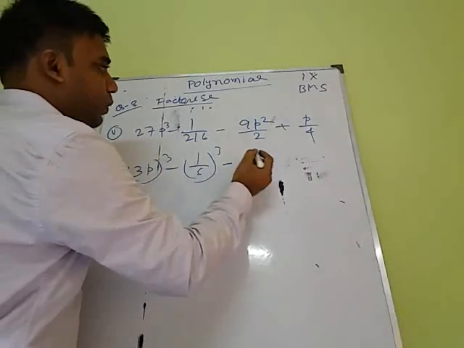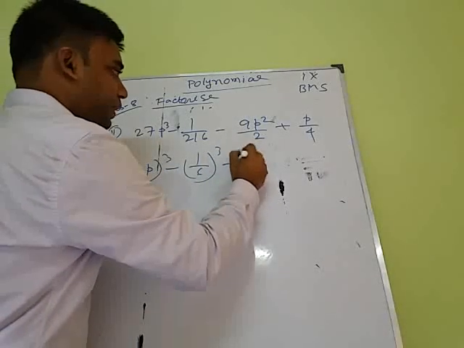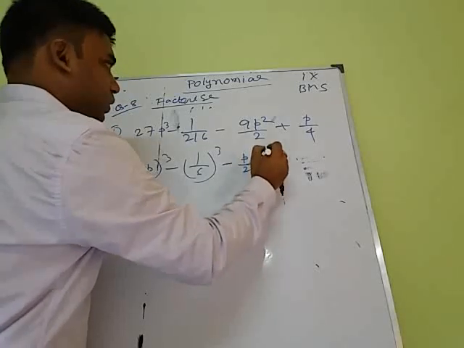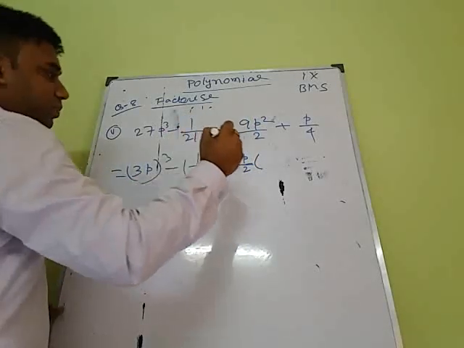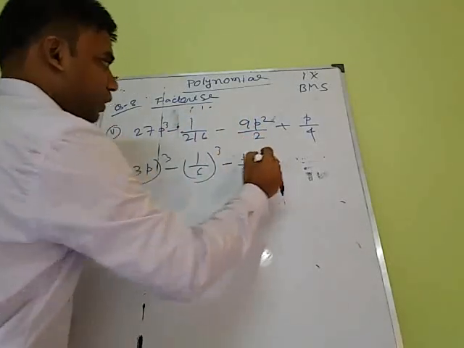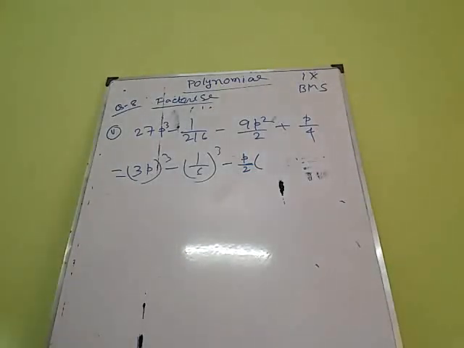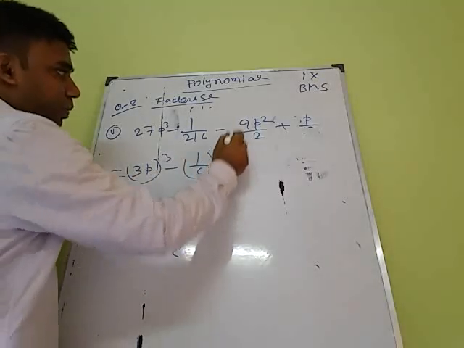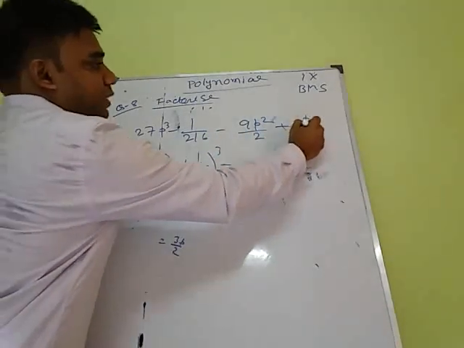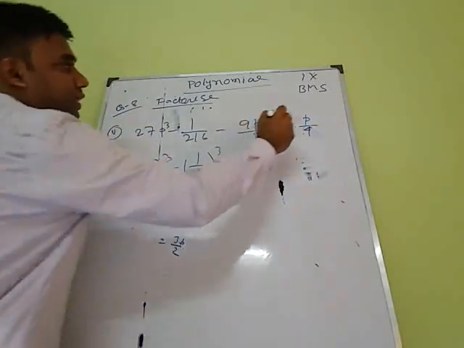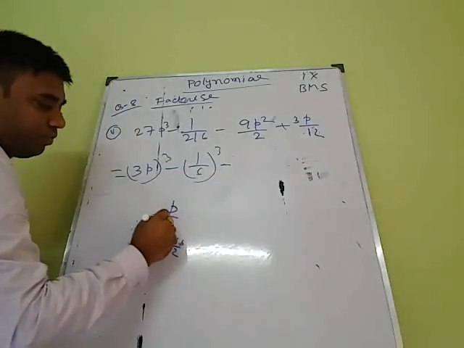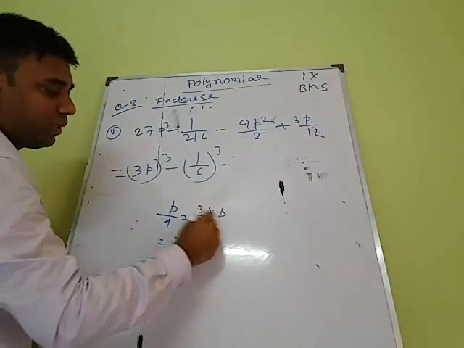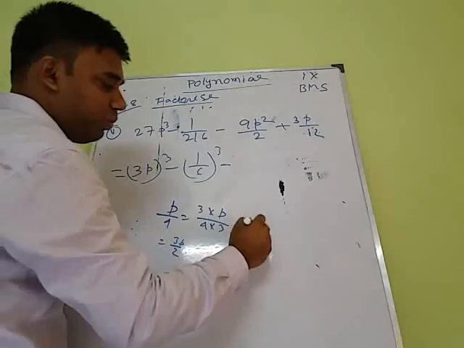From that you can take common p by 2. Okay students, so 3p minus, now p by 4, we change it in this way: we multiply both numerator and denominator by 3, that is 3p by 12.